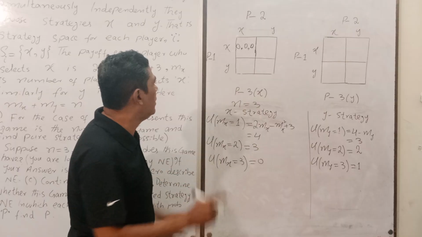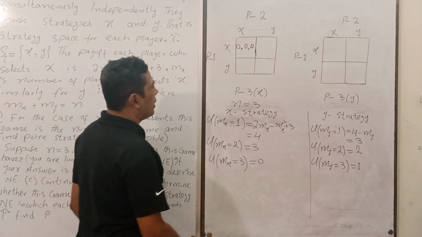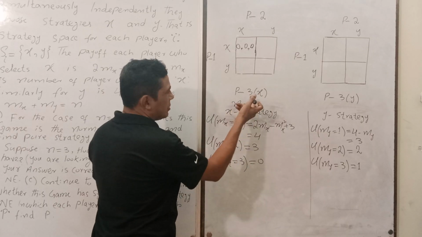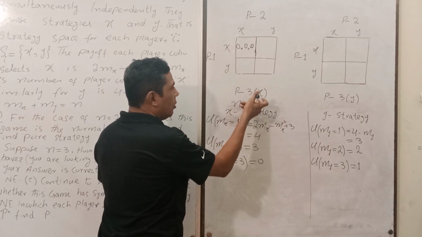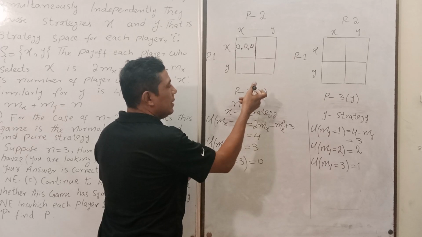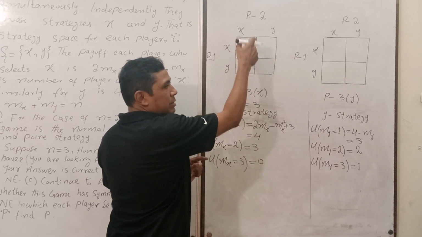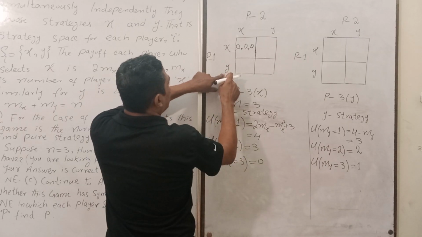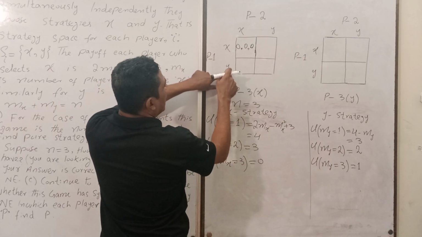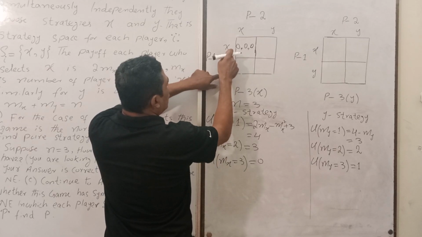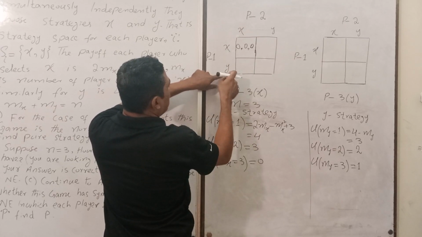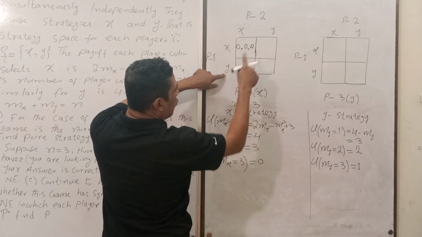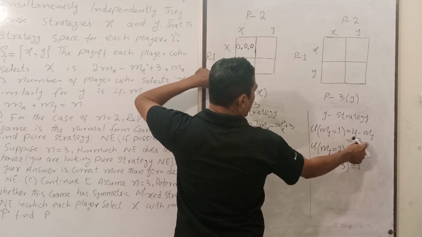You got my point? Now here, okay, what about this one? X3 is where player 3 always plays strategy X subject to this matrix. So now what about player 1? Player 2 plays strategy X, player 1 plays strategy Y. So my equal to this one.